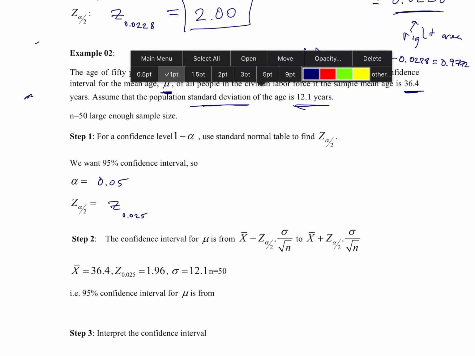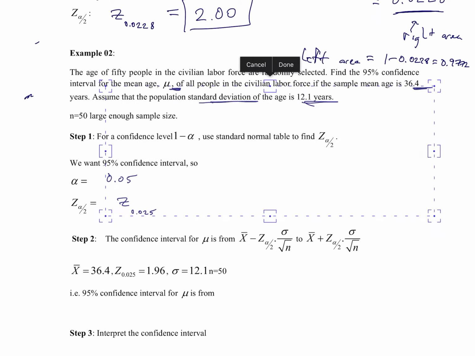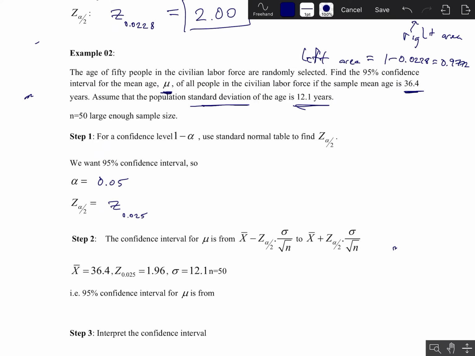So here you want a right area of 0.025, and that means that we want a left area of 0.975.